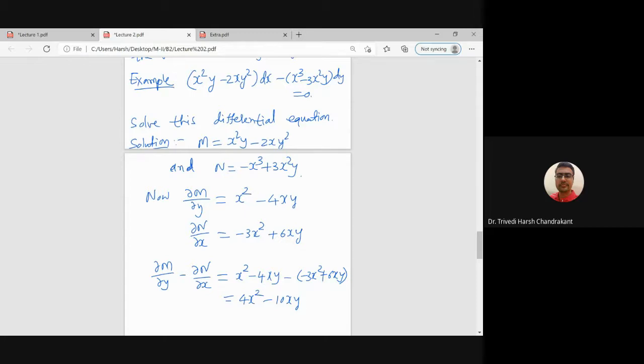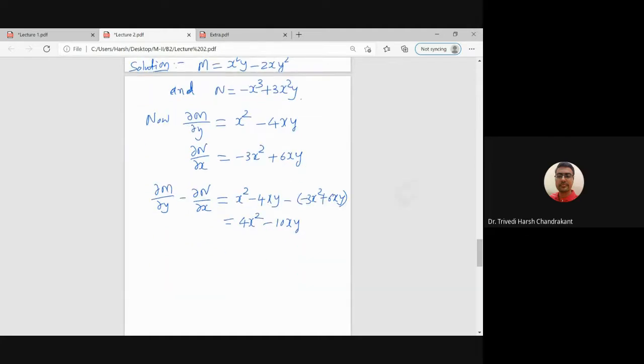Same way, if I divide this by n, let me write it down in case there is any confusion. So 1 upon m times del m by del y minus del n by del x is equal to 4x square minus 10xy divided by x square y minus 2xy square, right?